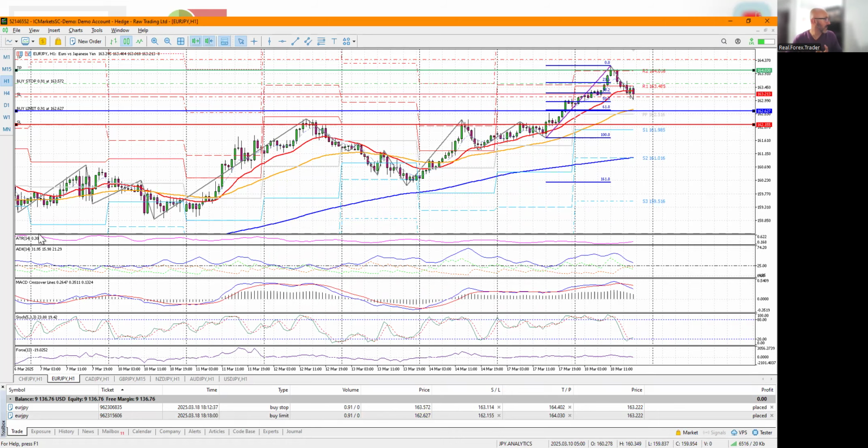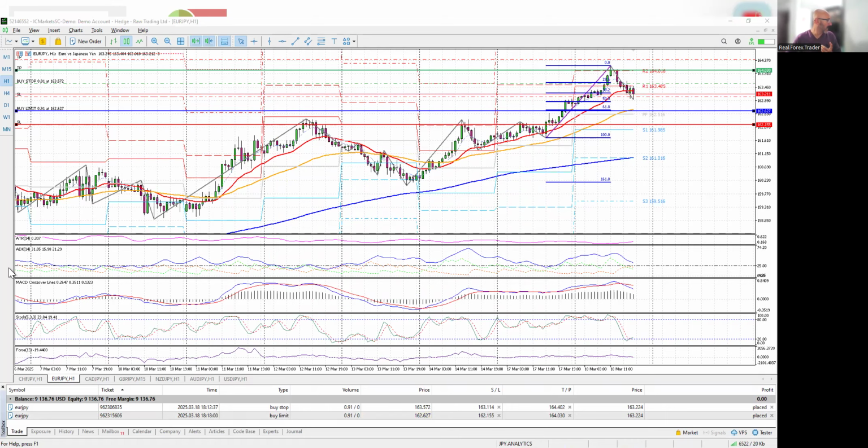Let me show here. I have this one here, this trade. This one is what? Is my buy stop entry, or I would say trade, right? And this one that I just created, let me change the color in order to be very clear.